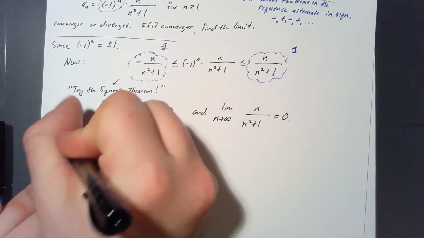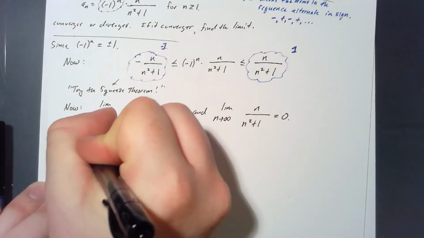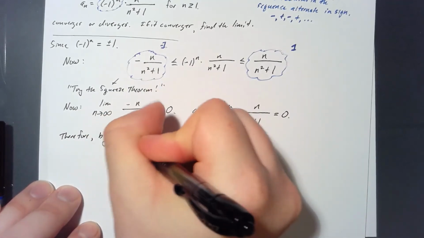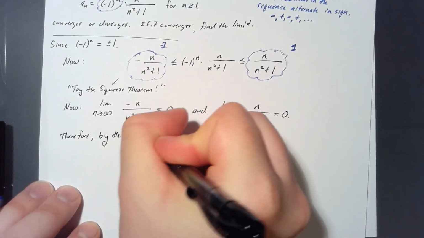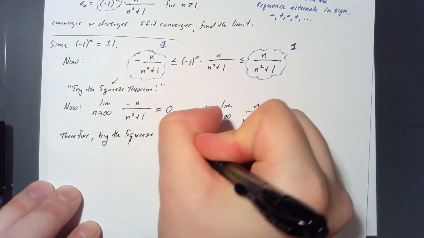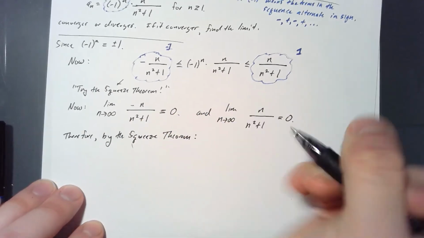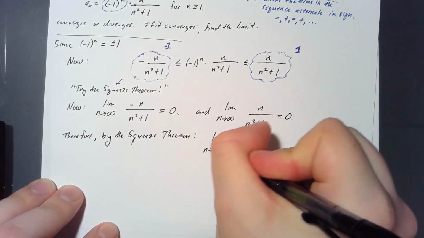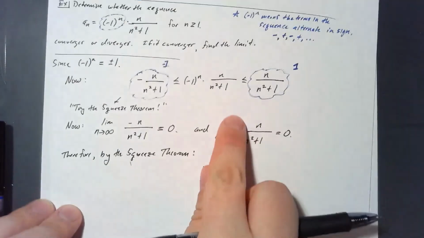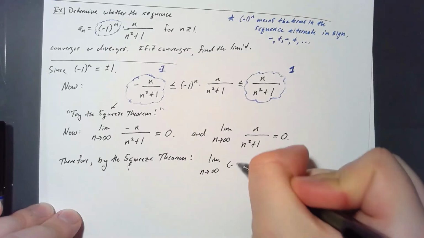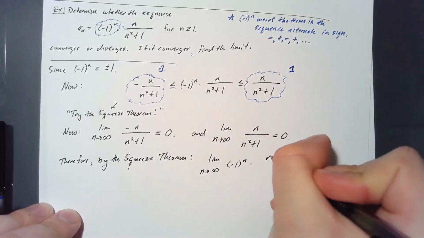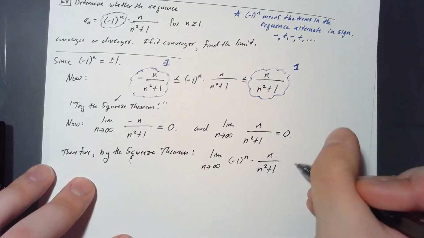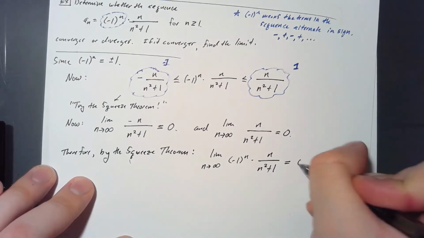So therefore, by the squeeze theorem, the limit as n approaches infinity of the original sequence, which is the sequence in between, will go to 0.